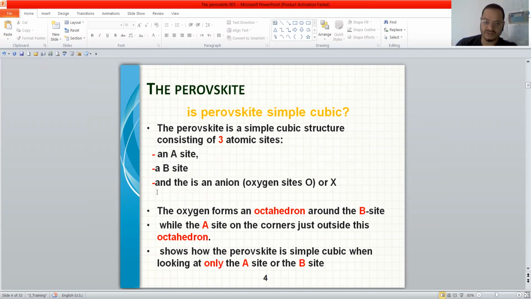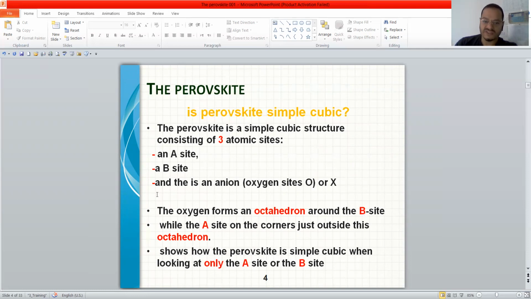Here it's important: the oxygen O, or we can write X, forms an octahedron around the B site with the A site in the corners, just outside this octahedron.